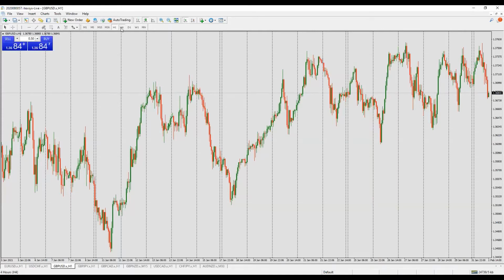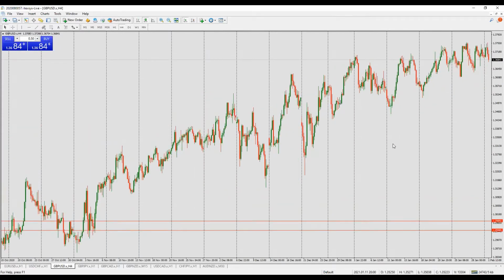The momentum here is of course bullish, but you can see how it looks. It is powerless, the price struggling to create a higher high every time, just a bit above the previous one, as you can see here and here, and it's not a clear uptrend.